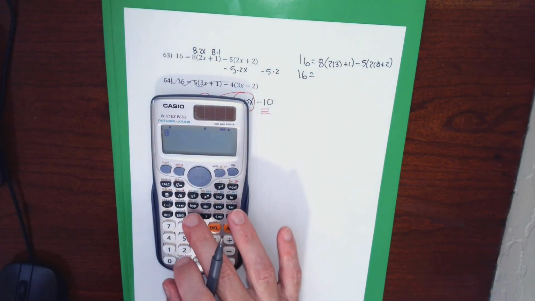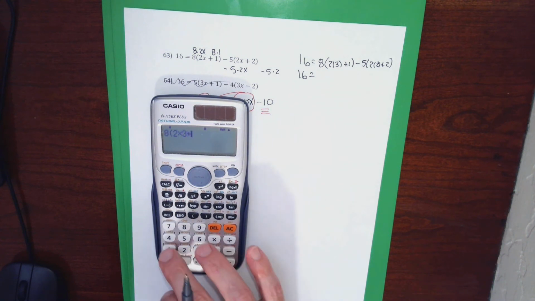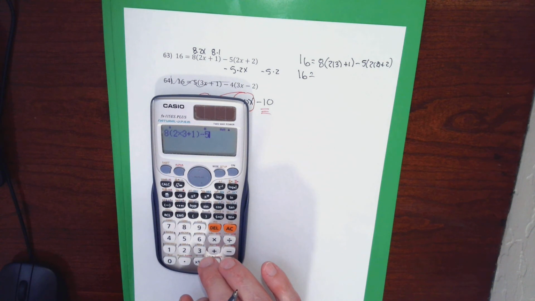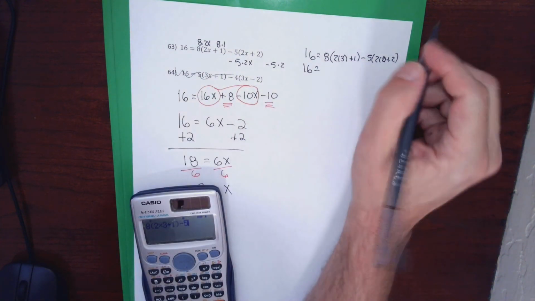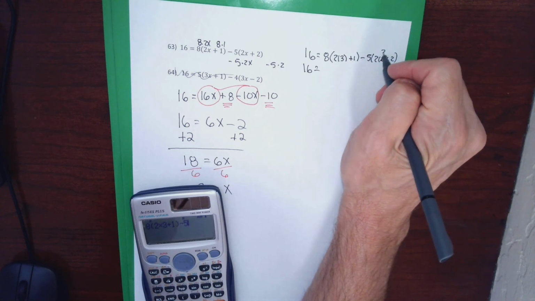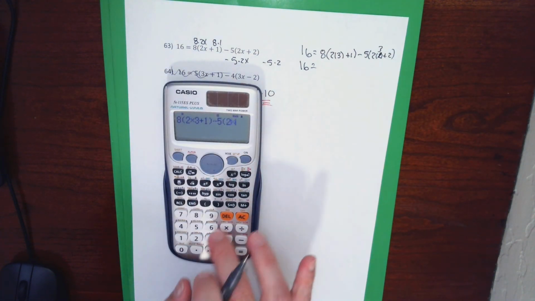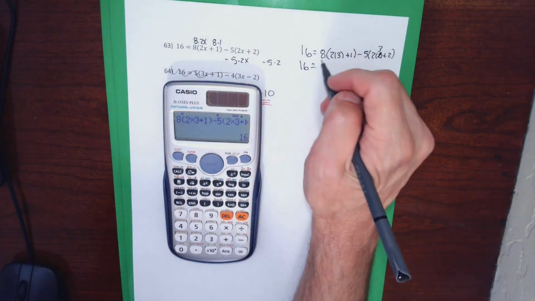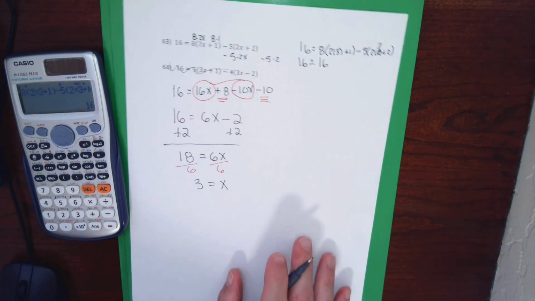So 8 parentheses 2 times 3 plus 1 parentheses minus 5. Whoa. This should be a 3 here again. 2 times 3 plus 2. 5 parentheses 2 times 3 plus 2. Oh, it works. So the answer is 3. It's not a fraction. I have a mistake on my key that I'll fix.